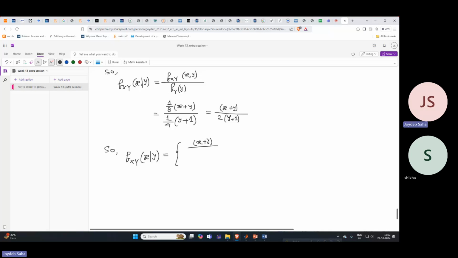Is equal to (x plus y) upon 2 multiplied with (y plus 1), and 0 otherwise.